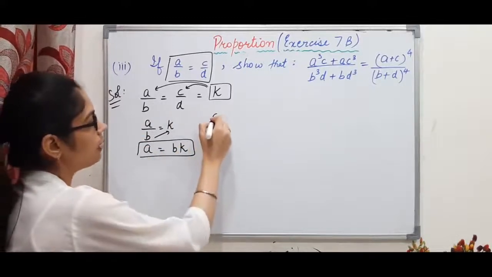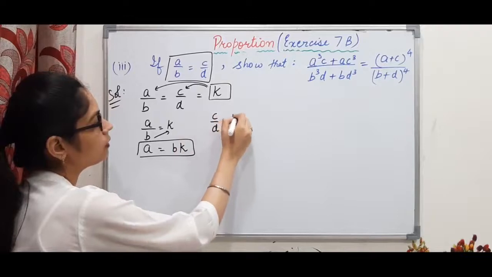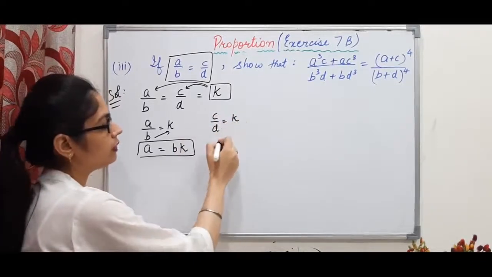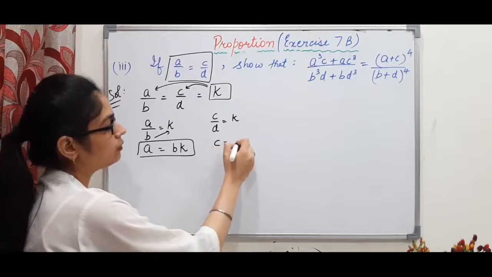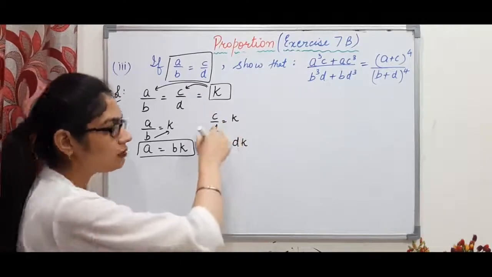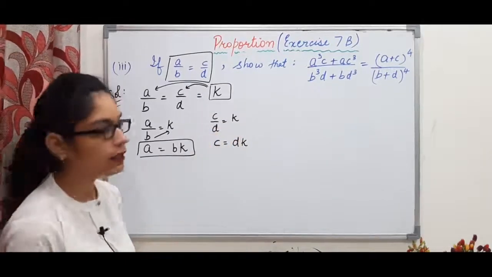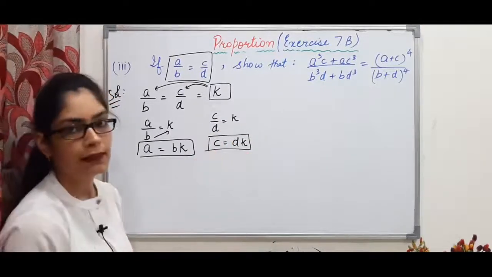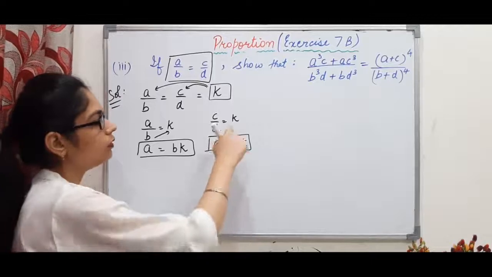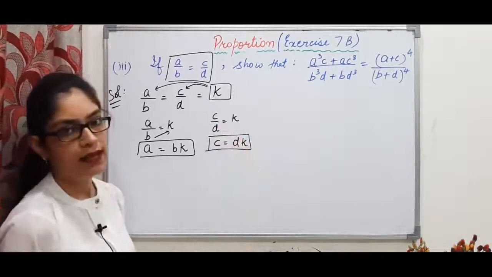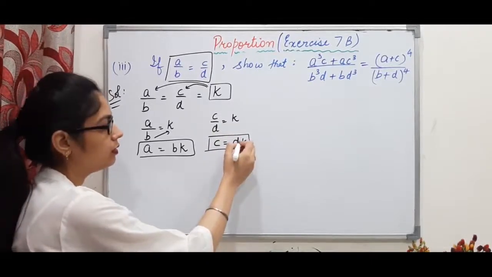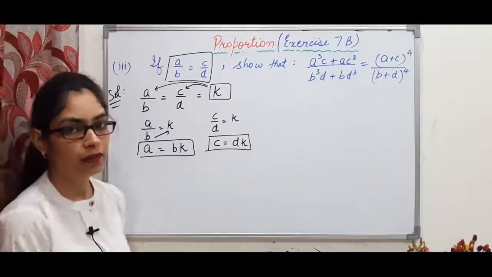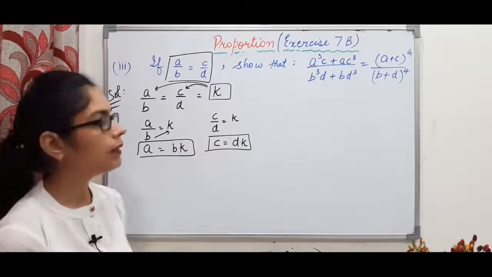Now C by D is also equal to K, so if I shift D to the other side, I get C is equal to DK. We can write DK directly; two alphabets written together means they are getting multiplied.